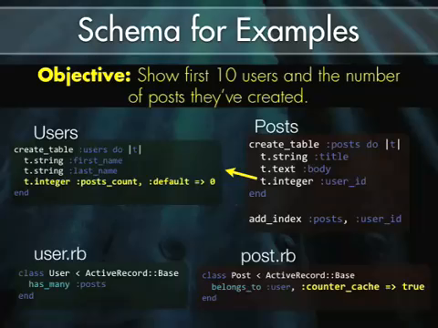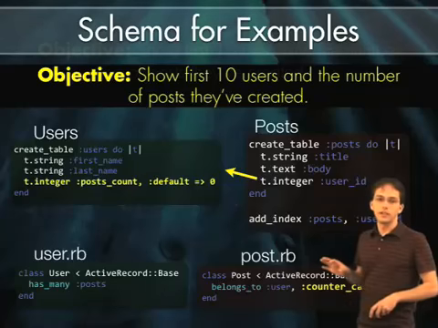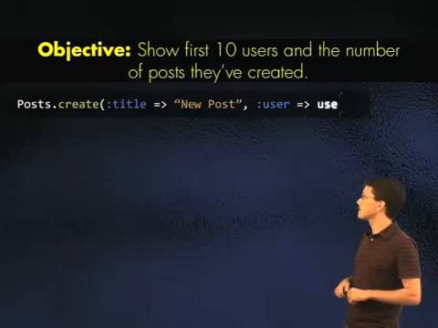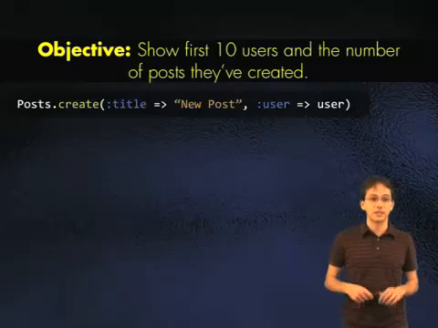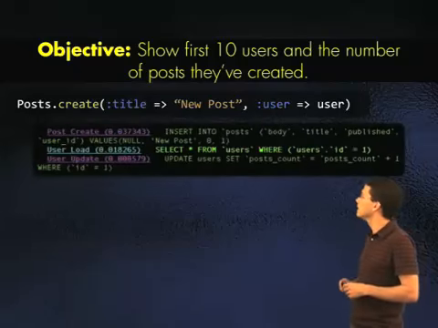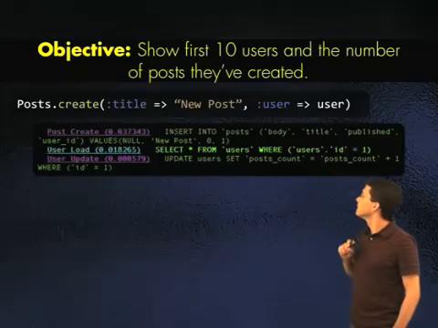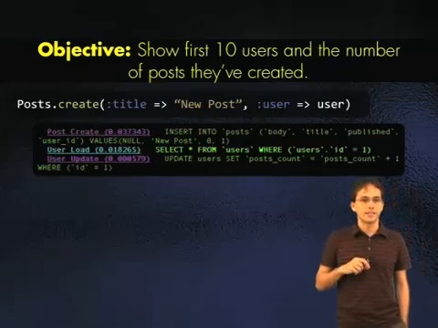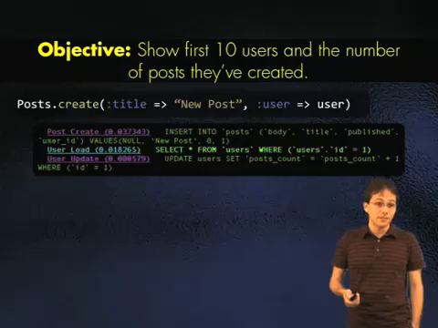And this adds some functionality for you, which I'm going to show you in a minute. So first of all, if we create a new post, just like this, and take a look at the SQL list generated using the counter cache, this is what it looks like. First, the post gets inserted, and then at the bottom here it calls update users set post count +1. So it's incrementing the new counter.